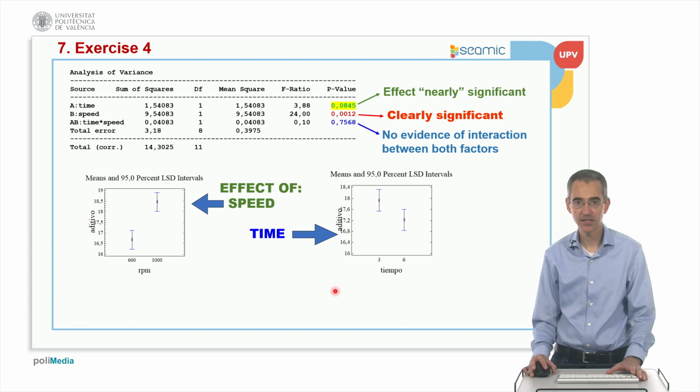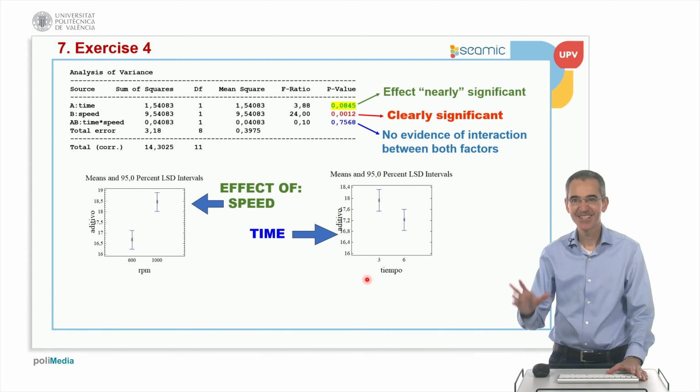Anyway, in this case, as we want to maximize, let's consider the choice. If alpha is 5% and the p-value is bigger than alpha, we cannot reject the null hypothesis, and then it doesn't matter whether we choose 3 or 6.